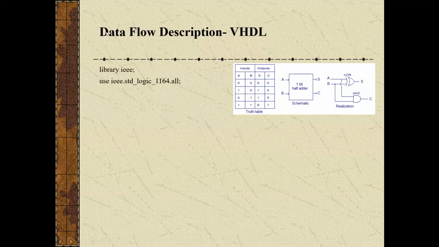So let's start. Today, we are going to take examples of half adder only, and these are the libraries. These are essential before writing the entity. The library should be called. So let's declare the entity.